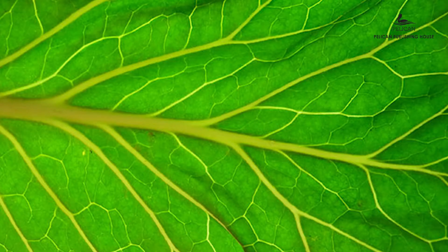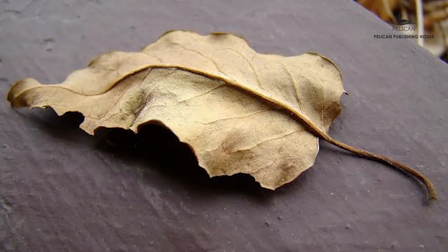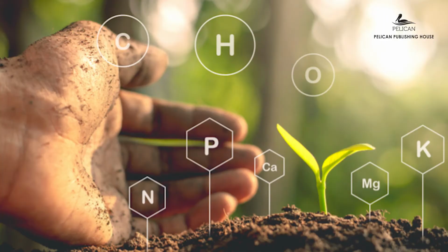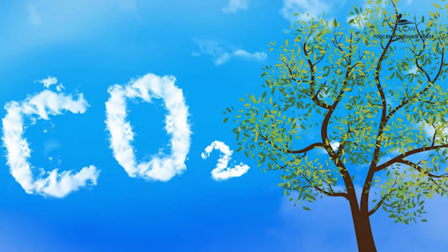Plants make their food in the presence of chlorophyll. The leaves contain chlorophyll. The leaves which are dry or dead do not contain chlorophyll. So, photosynthesis cannot take place in those leaves. Plants also need water, minerals and carbon dioxide to make their food.